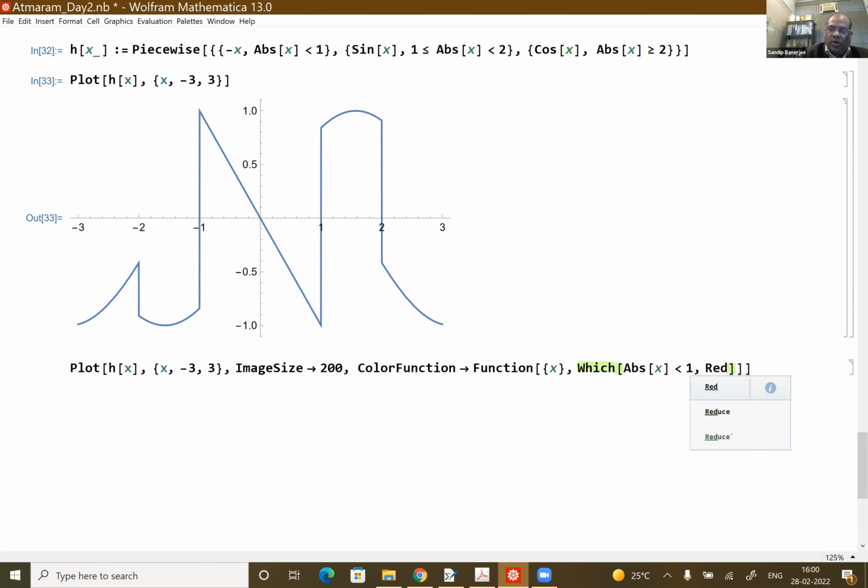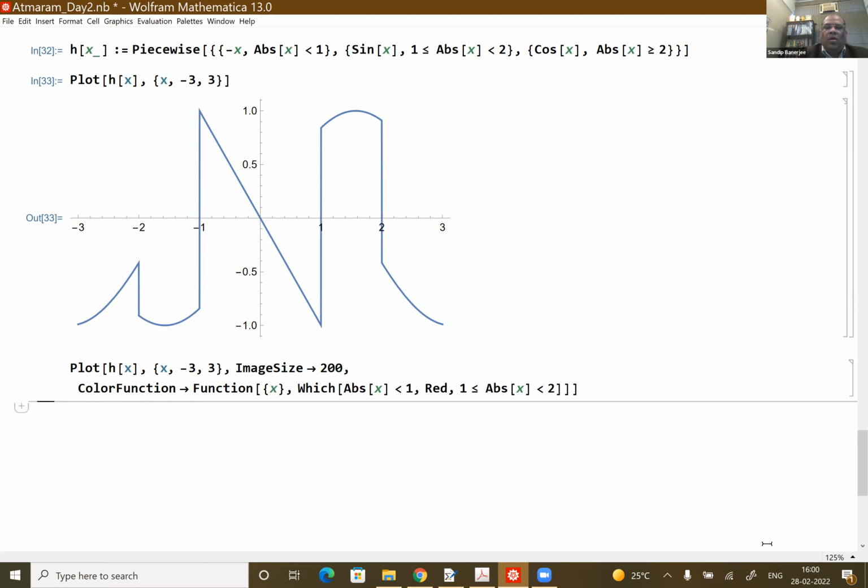Choose the color to be red. One less than absolute 2, choose the color to be green.